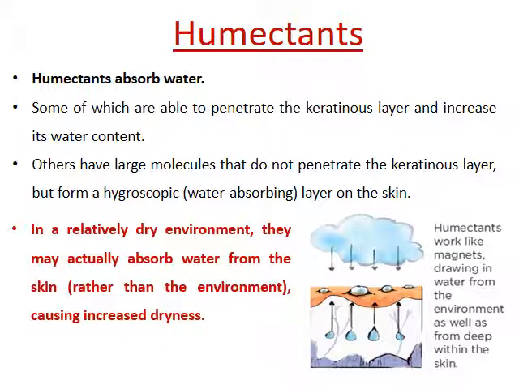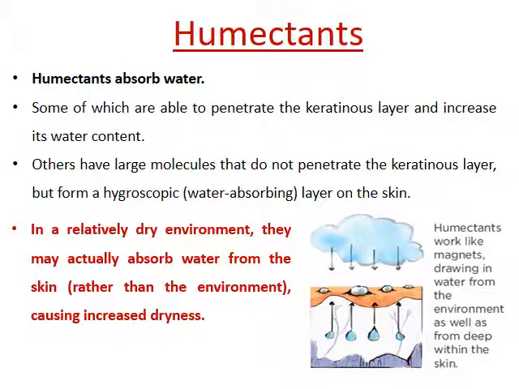So humectants are highly efficient if we are in a humid environment. In the humid environment, humectants will act as magnets. They will draw and absorb water from the environment more than absorbing water from deep skin tissues.